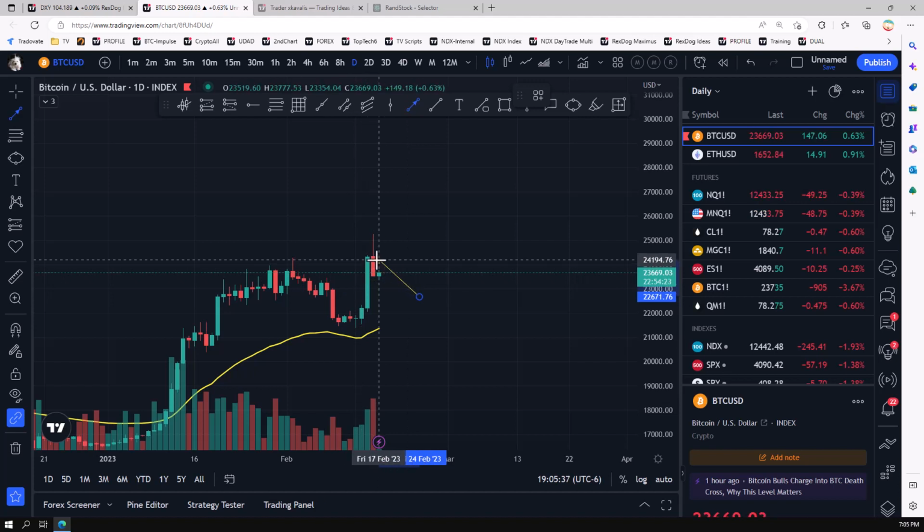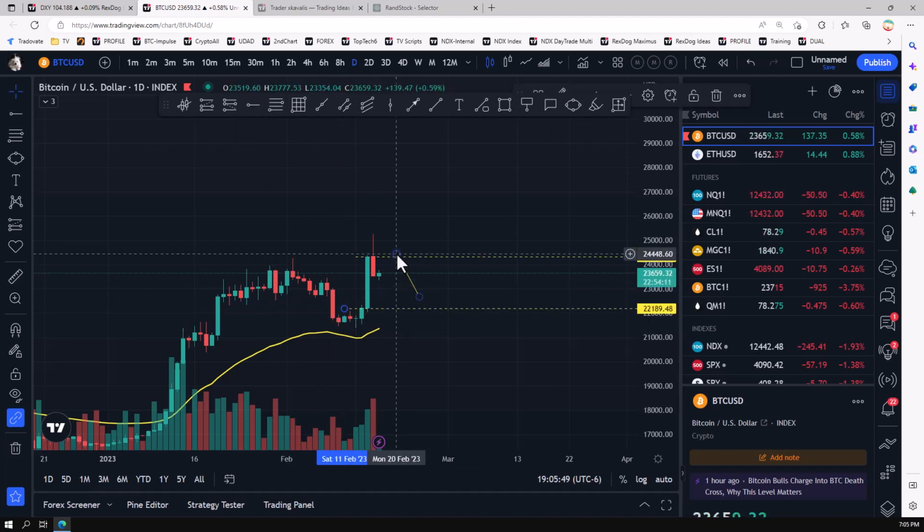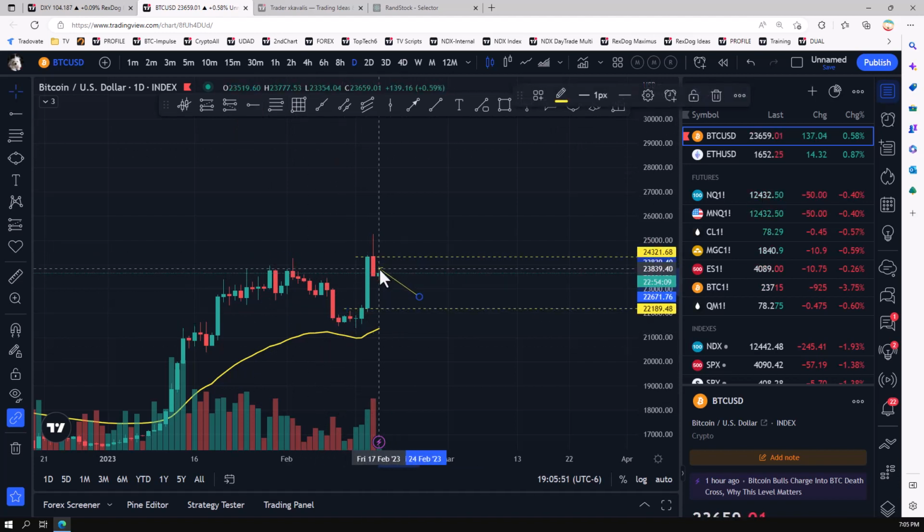And especially if it's in the body of the previous candle. So see how this green candle here has a close up here and an open down here. Yeah. But see how this price action is within the body of this candle? Yeah. That's how you would describe that: price action is within the body of this candle.